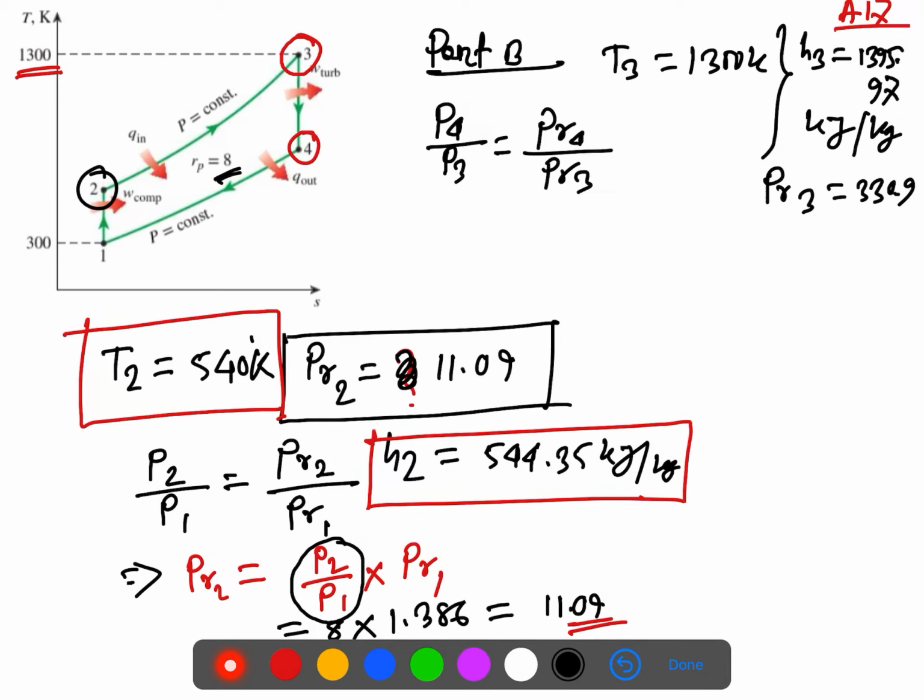What are we looking for? We are looking for Pr4. So we can say then Pr4 is equal to P4 over P3 times Pr3.